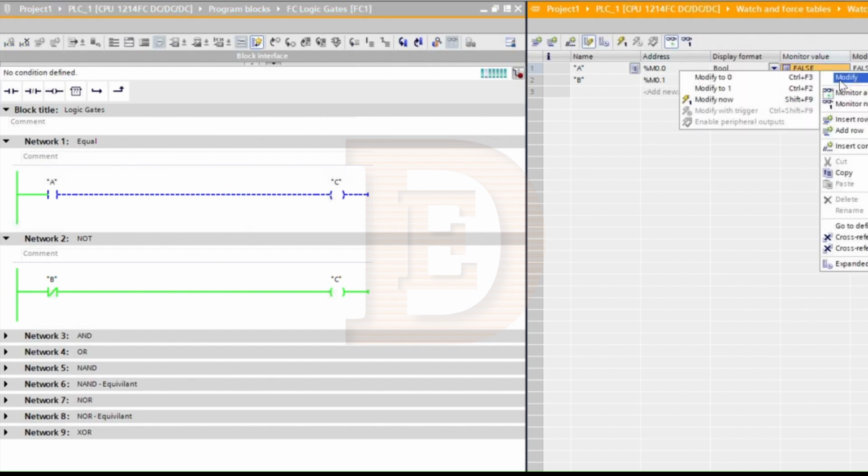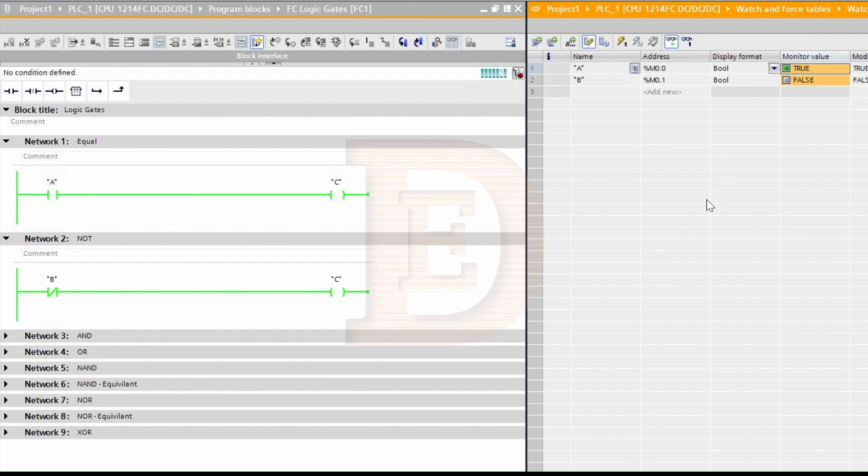If I turn A on, now the signal is traveling through A to turn on C. So this mark, the two parentheses basically, is saying that it is equal, and we're assigning the value of whatever is in A straight to C.